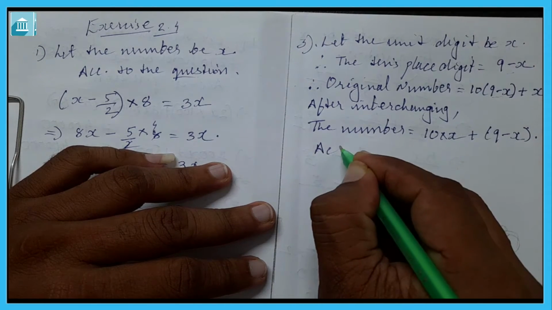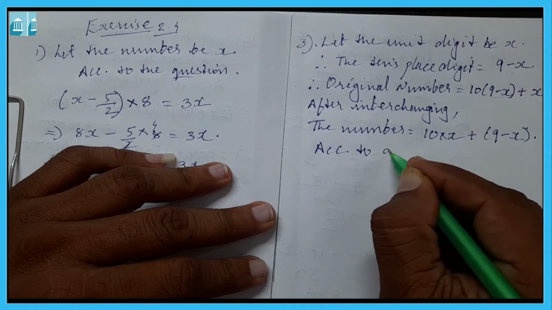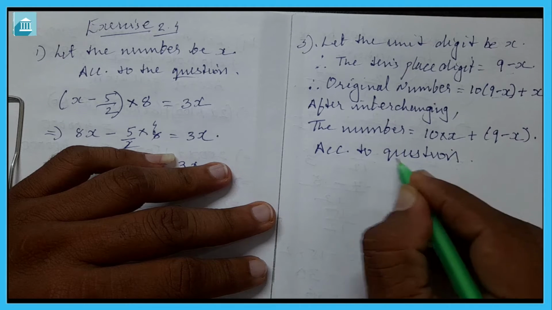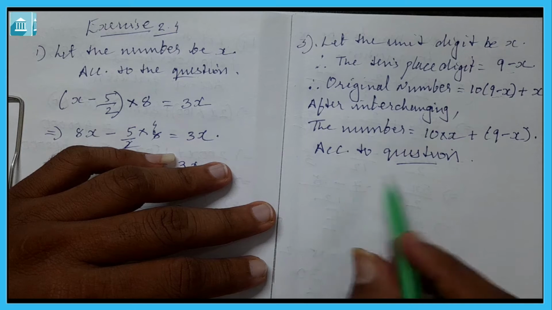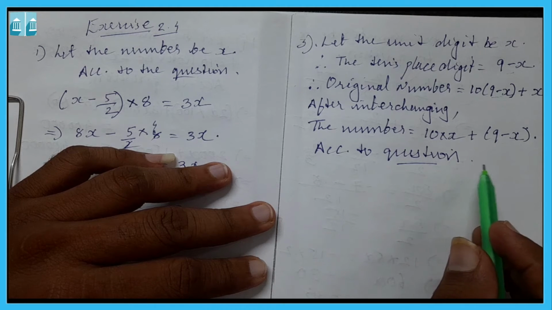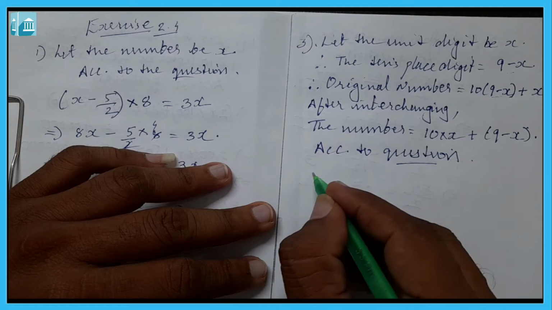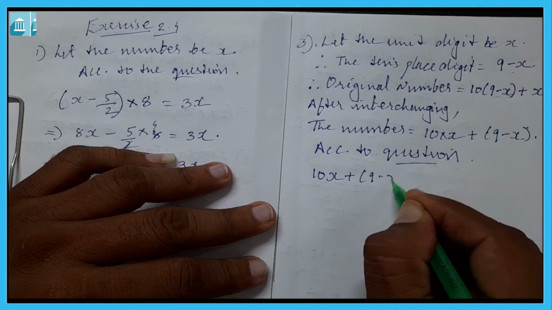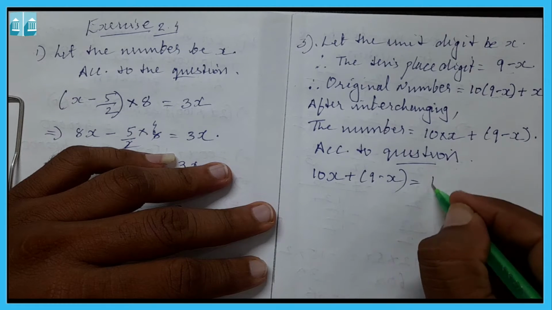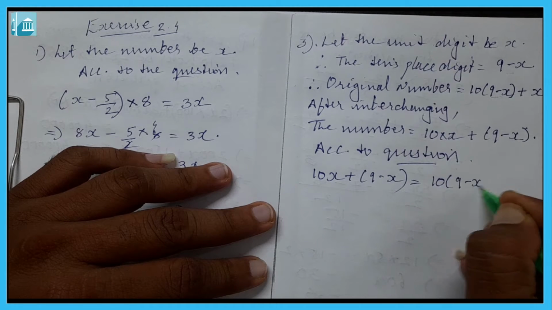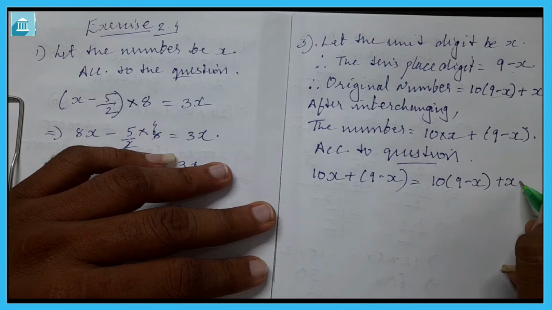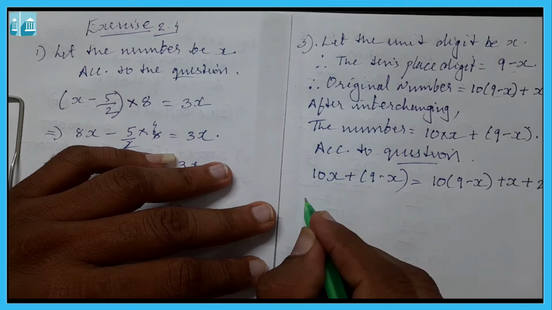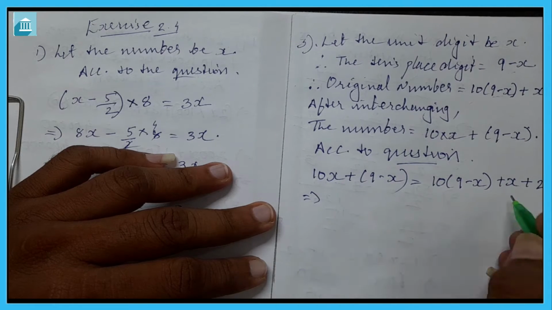So according to the question, 10x plus 9 minus x is equal to 10 into 9 minus x plus 27. So this is the equation form. Now we have to solve this equation.